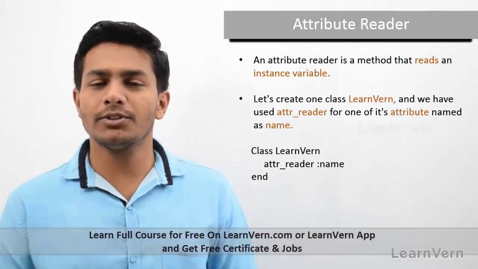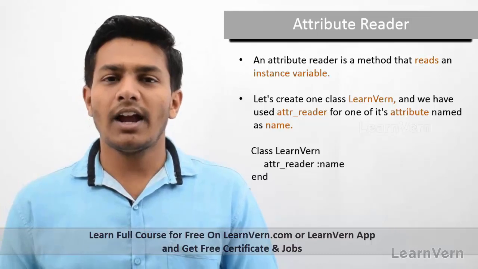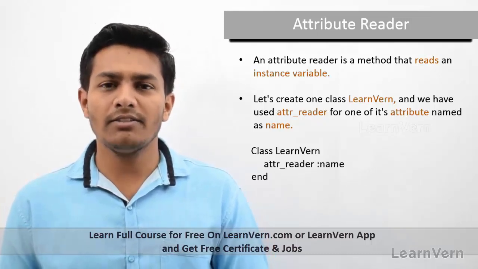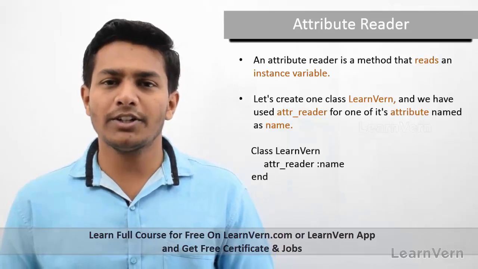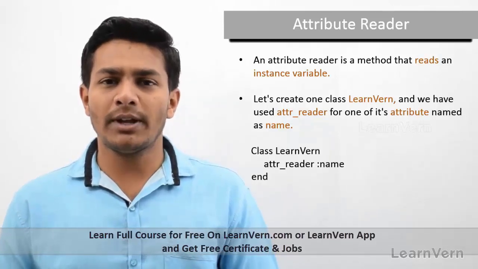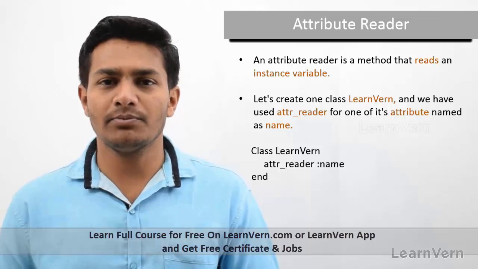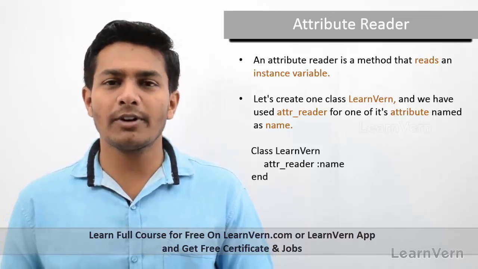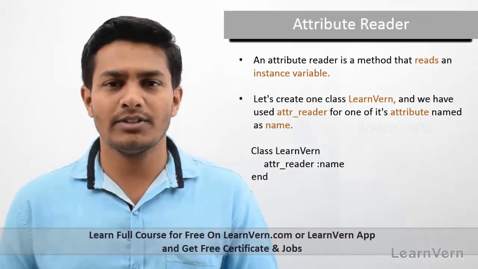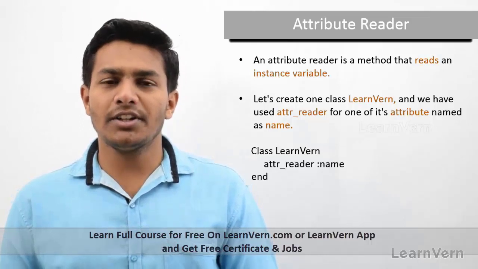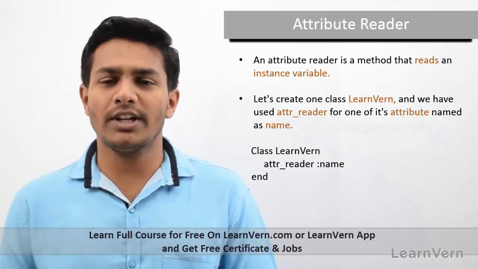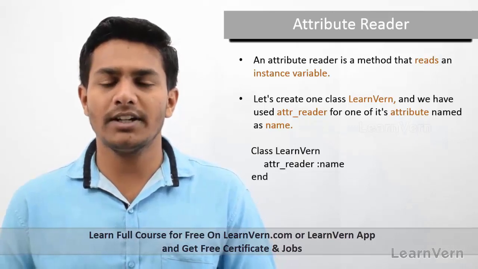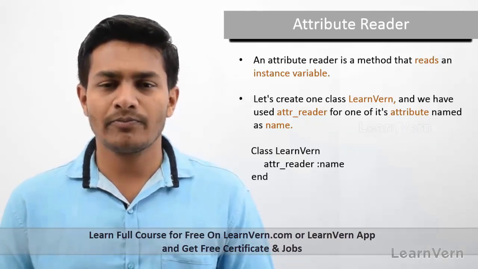Here on the screen you can see an example. I have created one class, learn1, and I have created one attribute reader, name. Whenever I write this statement, it internally creates one method to read the value of that name instance variable.